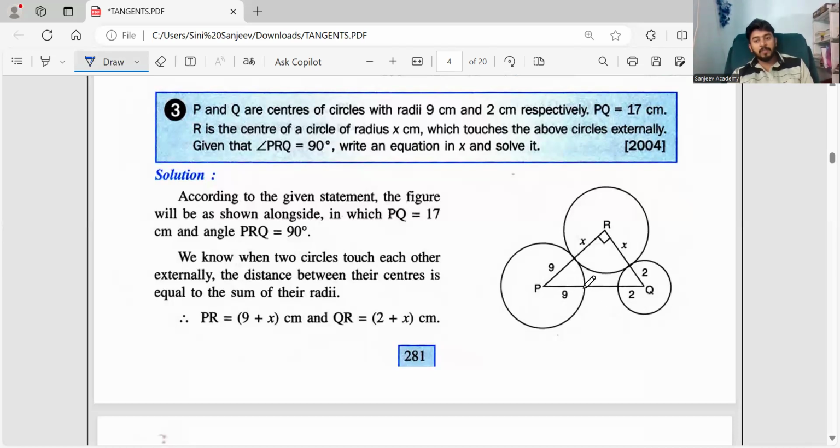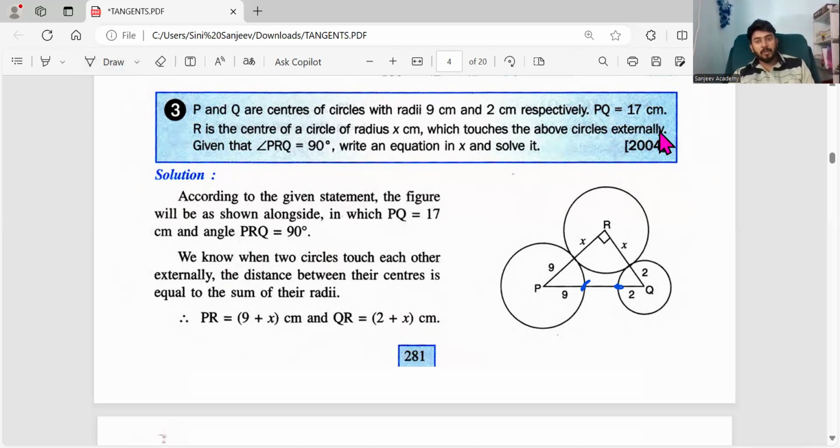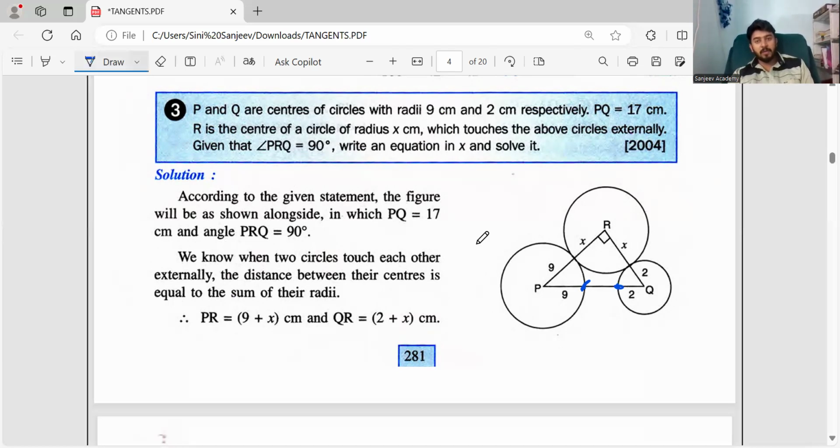Only up to this point it is 9, and only up to this point it is 2. If you take total PQ as 11, then we will make a mistake. So PQ in total is 17. To get this, we can subtract 17 minus 11, 6. This is my 6.